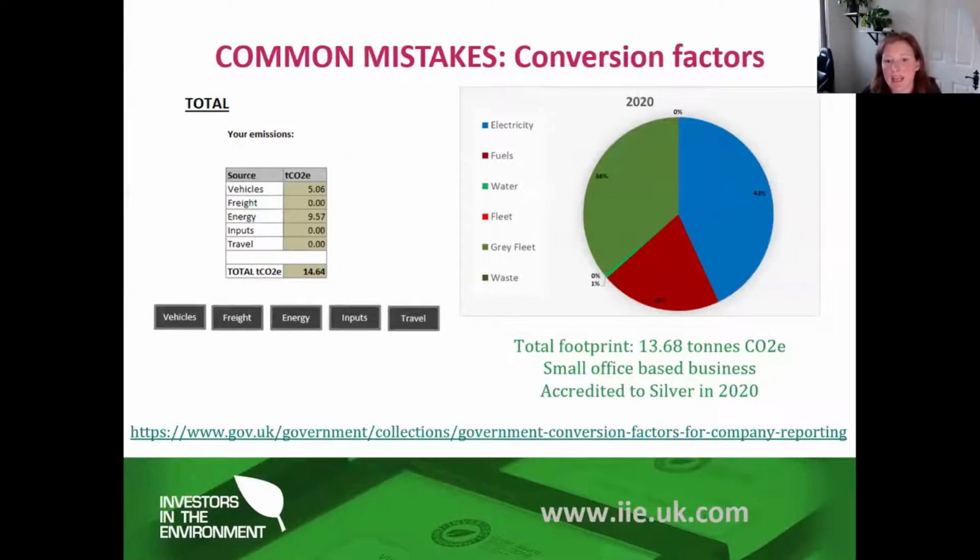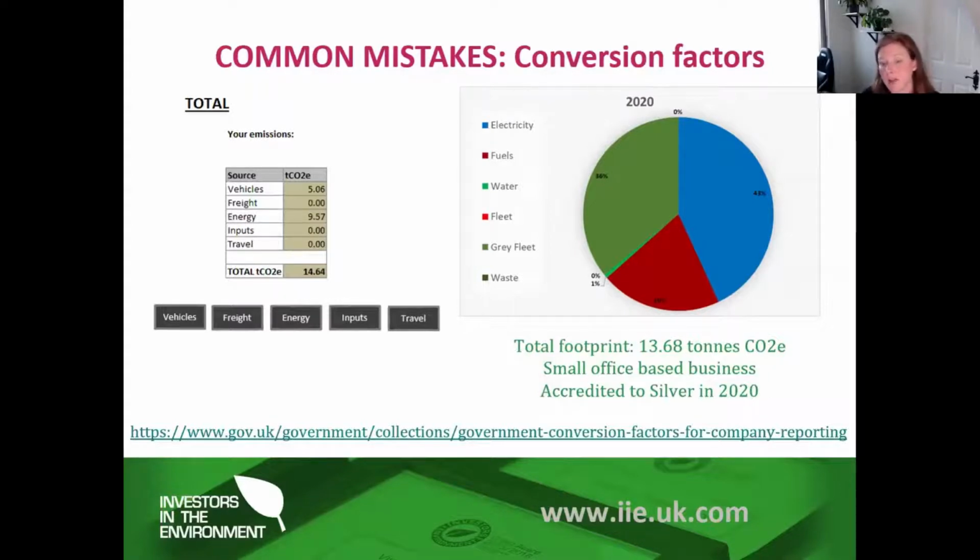Some more common mistakes. This is essentially what I said when I was answering the question previously: using the correct conversion factor. I wanted to show an example. This one I audited probably a couple of weeks ago now, so a very recent one, and we were looking at 2020 data. The person actually submitted 2 carbon footprints to me.